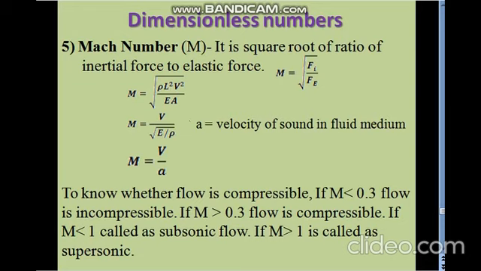Simplifying, we get M is equal to V by square root of E by rho. The square root of E by rho is called a. It is the velocity of sound in the fluid medium. So the simple formula for Mach number is the velocity of the flow divided by the velocity of sound at the same temperature condition in the same fluid.